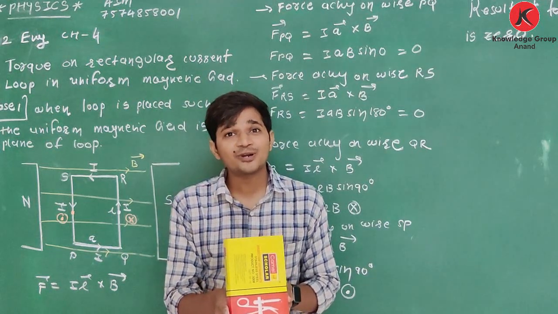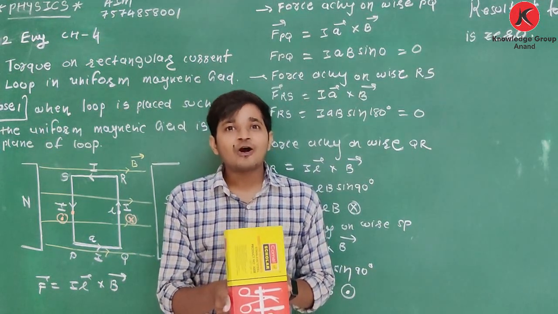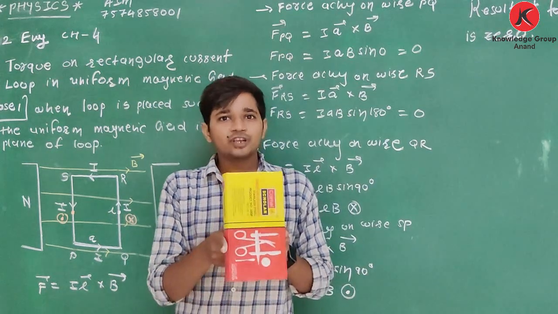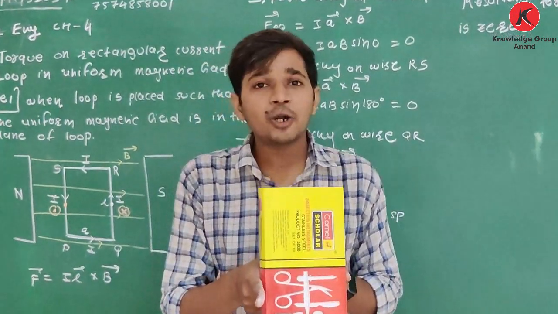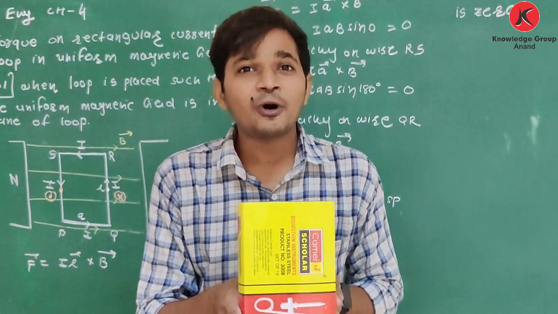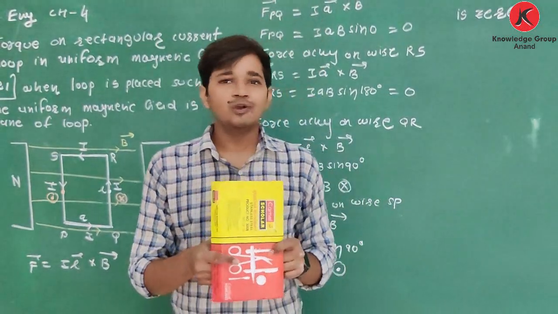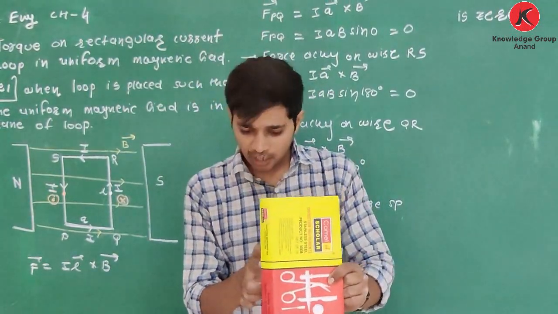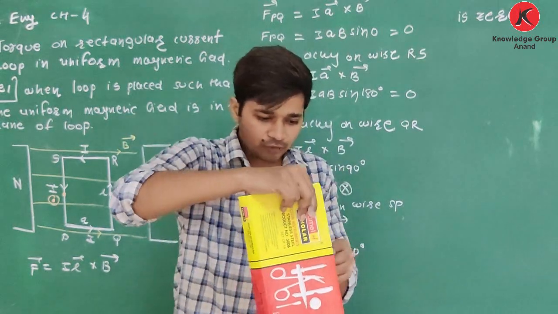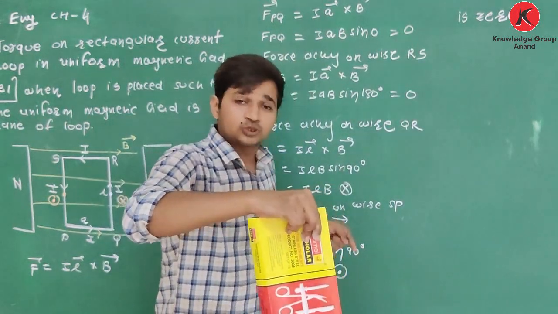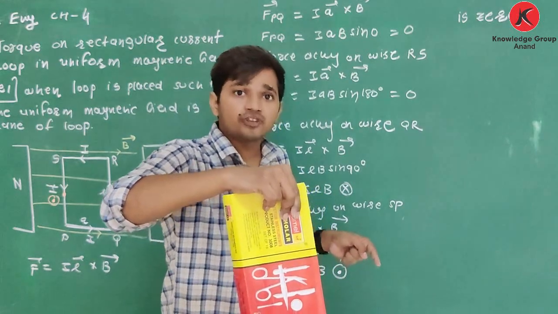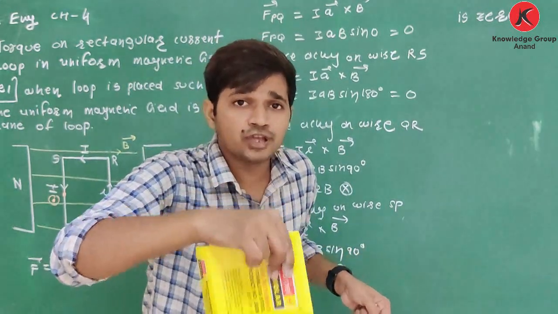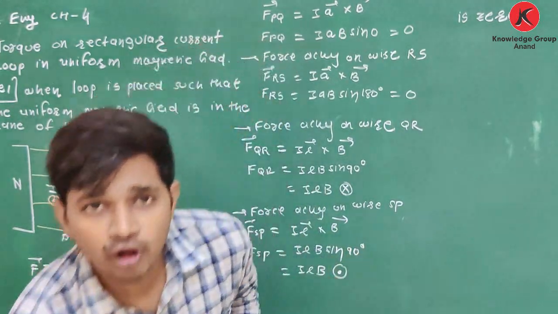You remember one topic: two forces of equal magnitude, opposite direction, and when they are not collinear, they will form a couple. On this wire force is acting outside, on this wire force is acting inside. So yes or no, these two forces are not collinear, so they will form a couple.